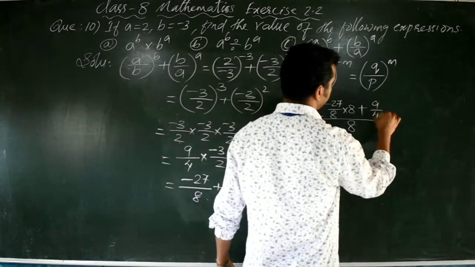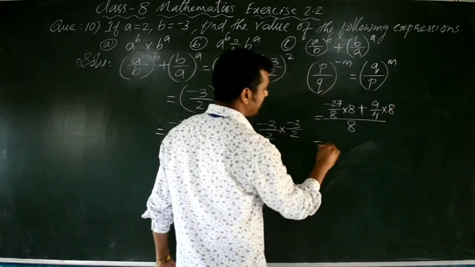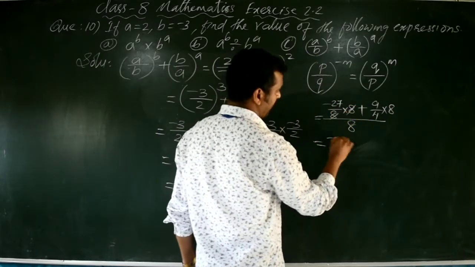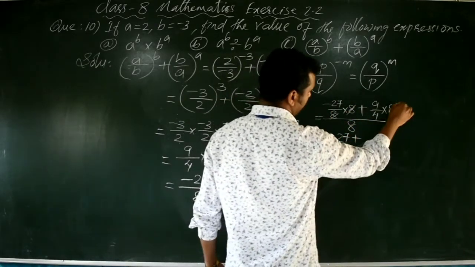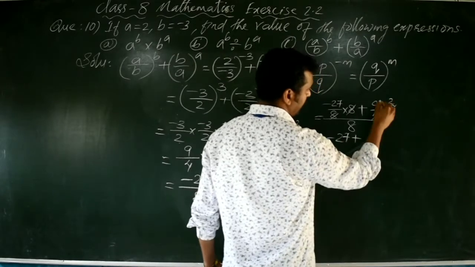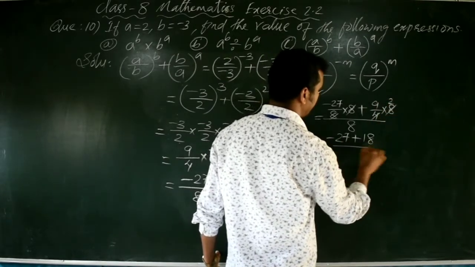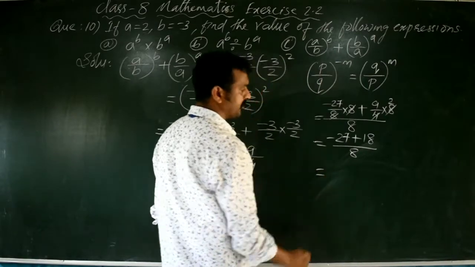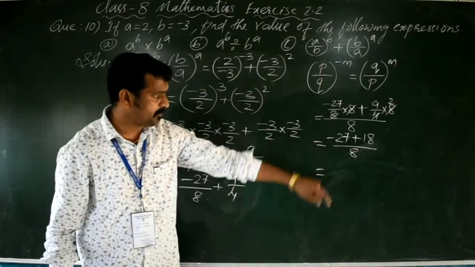The 8s cancel, so minus 27 plus 4 2s are 8, 9 2s are 18, divided by 8, that is minus 27 plus 18.